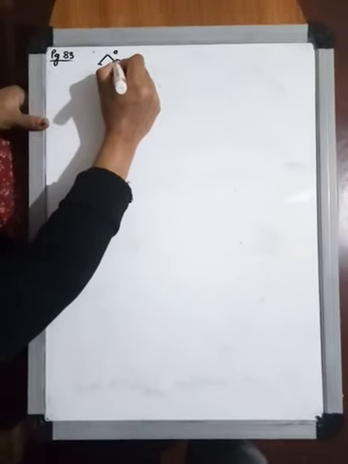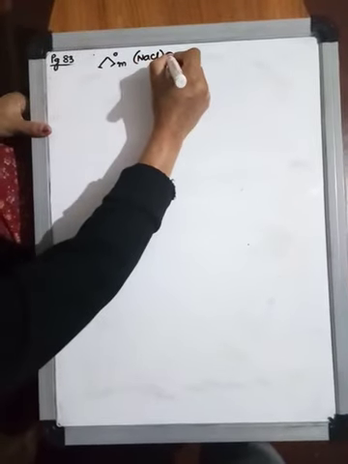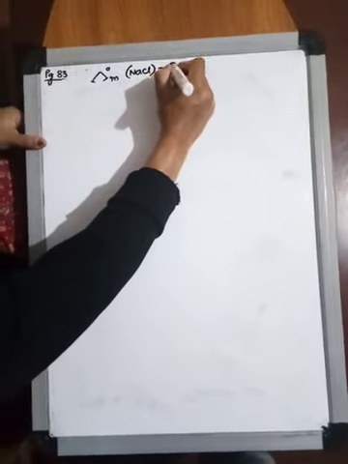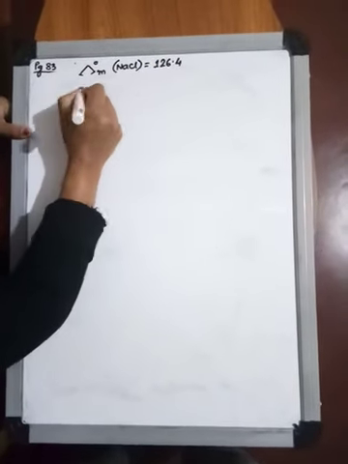You will see lambda m of NaCl is given to you to be equal to 126.4.